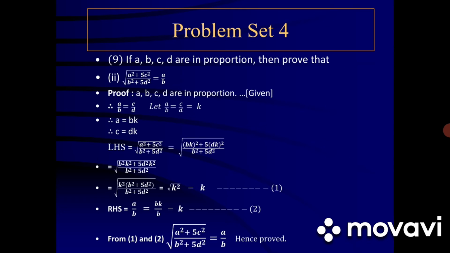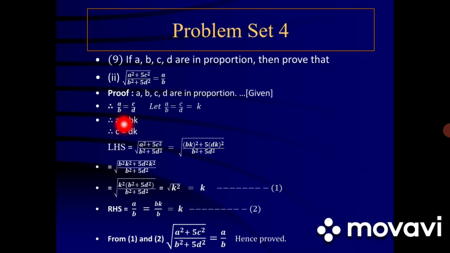Question 9, subdivision 2. If A, B, C, D are in proportion, then prove that square root of A square plus 5C square upon B square plus 5D square is equal to A upon B. Proof: A, B, C, D are in proportion, which is given.